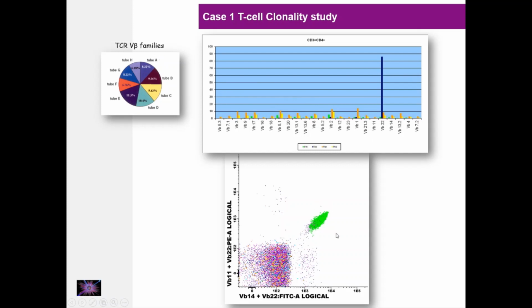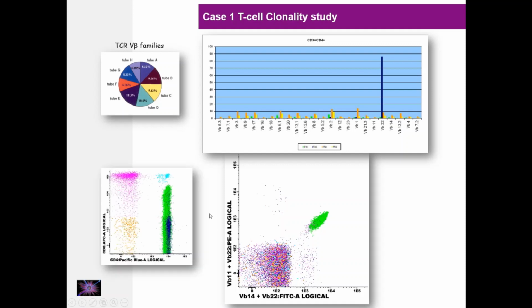And when we look at these green cells, we can also use, because we only occupy 2 positions of monoclonal antibodies, and we have a lot more positions empty, so you can fill them with markers like CD3, CD4, CD8, CD45.